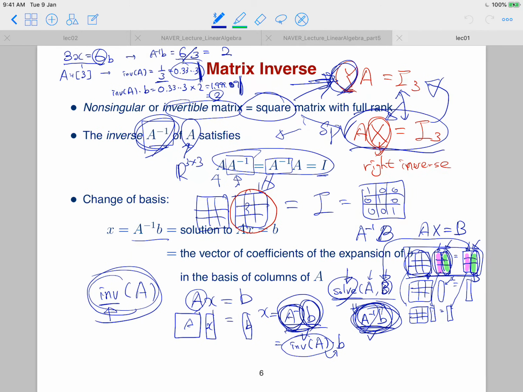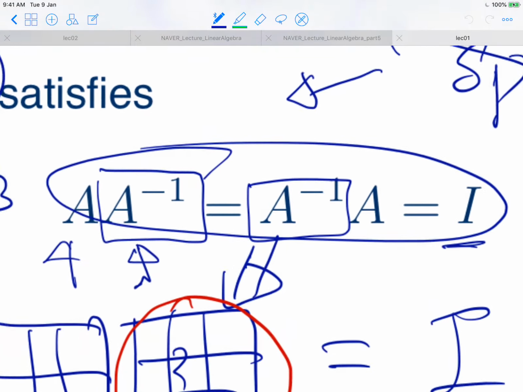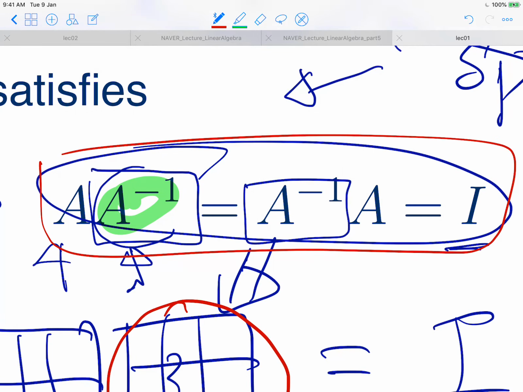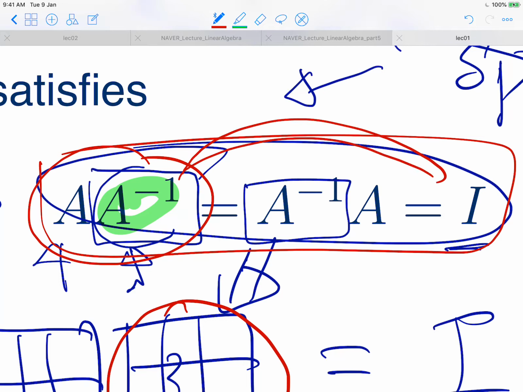And also, last time we discussed the following things. The definition of the inverse matrix is that the inverse matrix, denoted as A to the power of -1, should satisfy this equation, right? So this should be identity, and this also should be identity. So we have to satisfy these two equations.